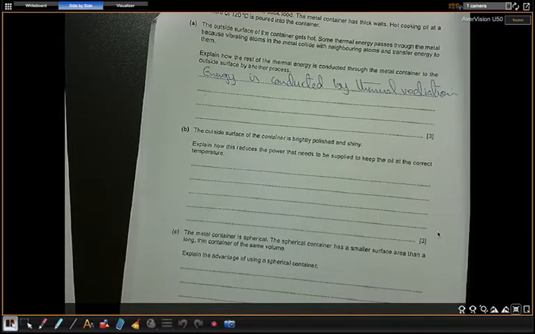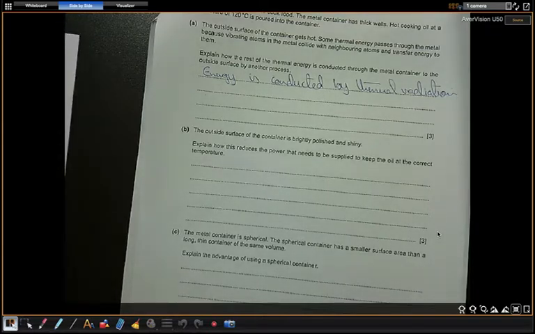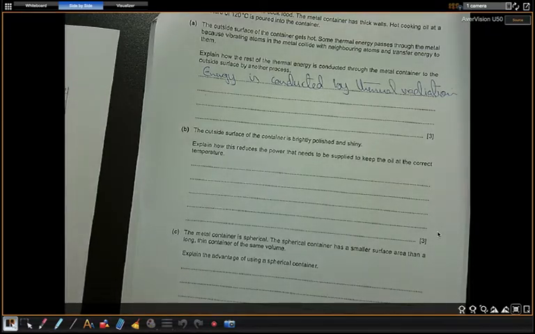That's another process. Okay? What else can we write here? How the rest of the thermal energy is conducted. So what can we say? What can we say about the remainder of the thermal energy?